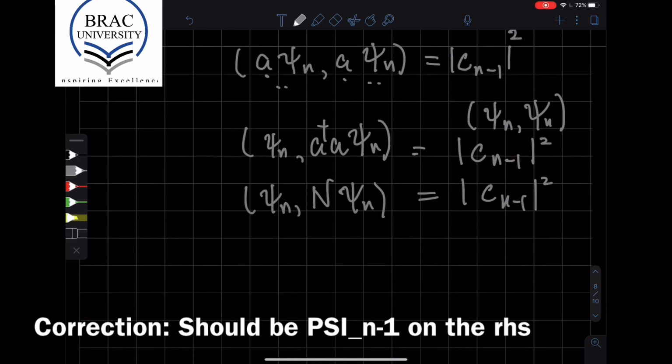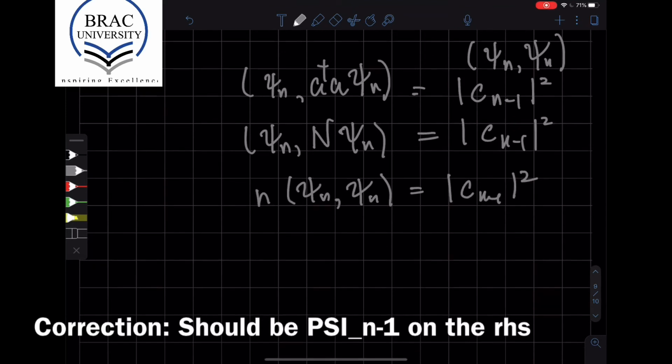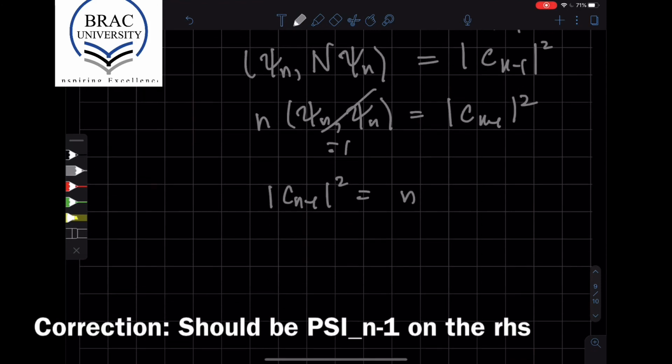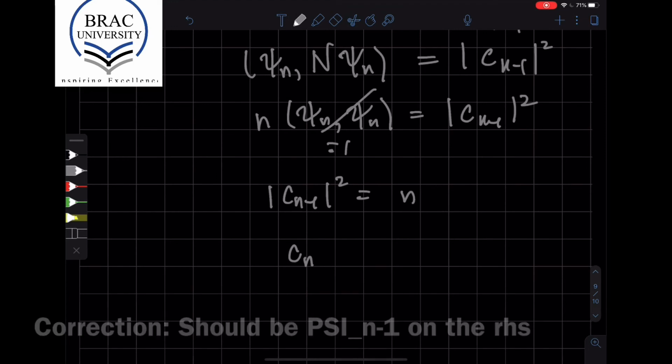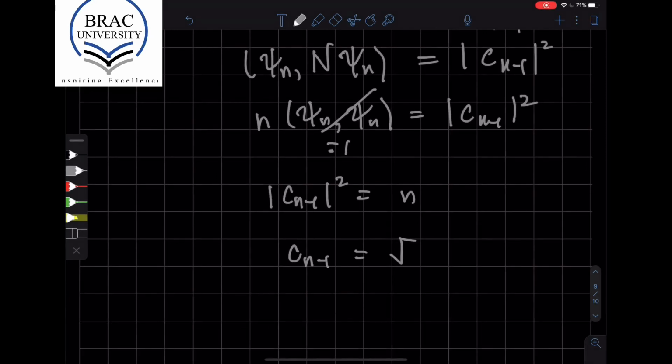So this is going to give us its eigenvalue small n, which we can factor out. So we get psi n, small n times psi n, and C n minus 1 whole squared. This is 1, and therefore we get C n minus 1 whole squared is n. So we can choose real normalization, and that will be just square root of n.